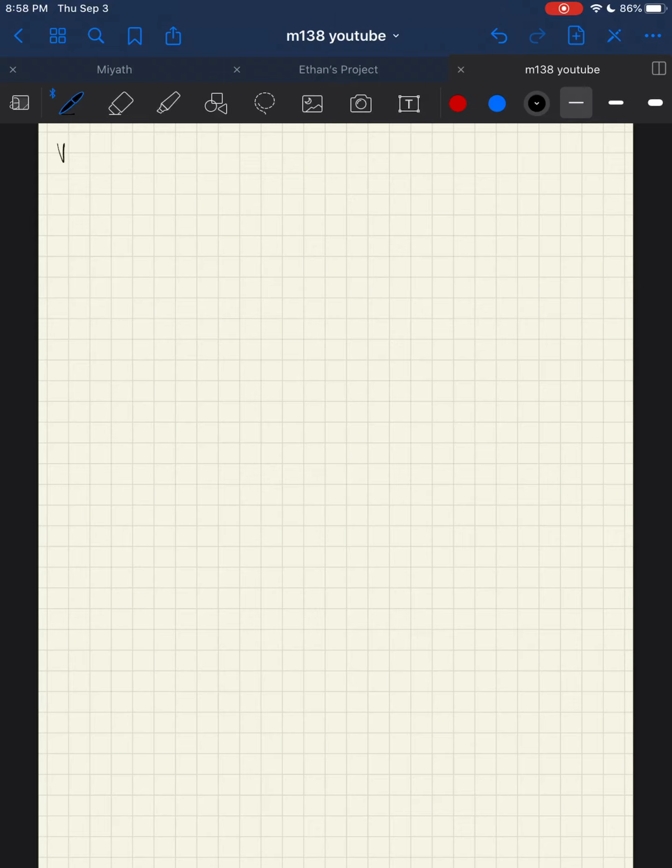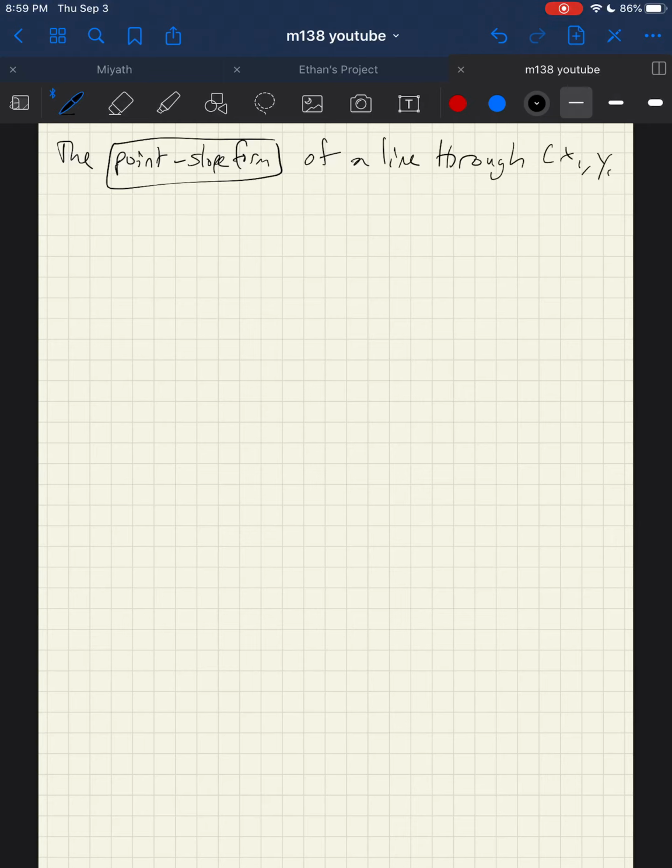Okay, so the point slope form of a line through the point x1, y1 with a slope m is, and here's the equation that defines that, y minus y1 equals m times x minus x1.